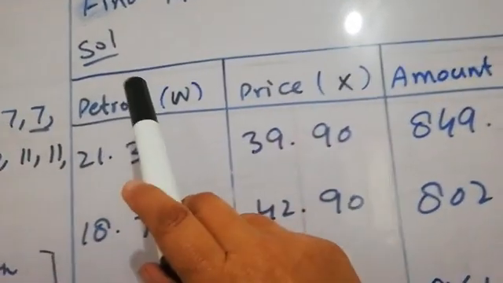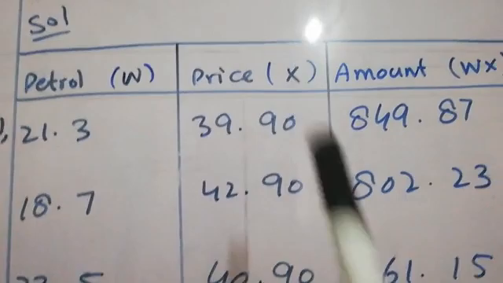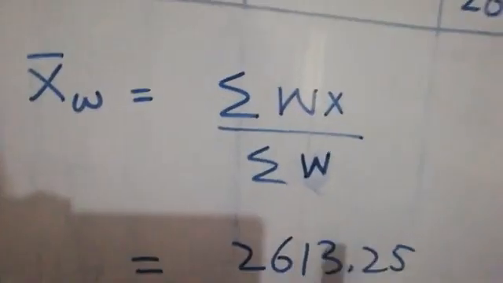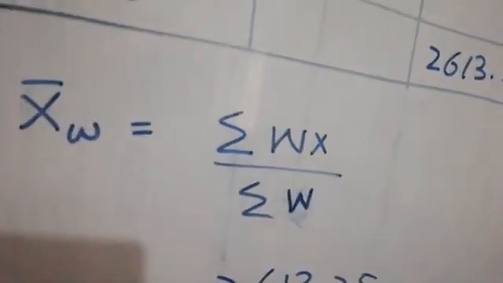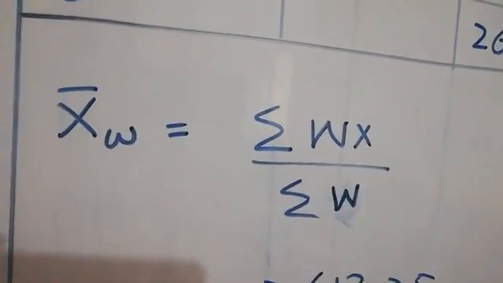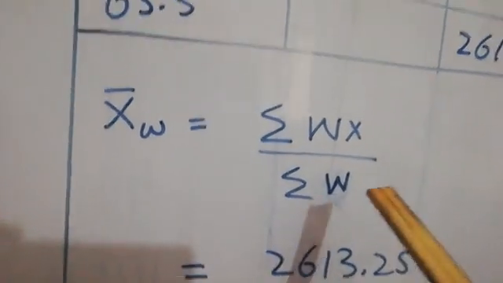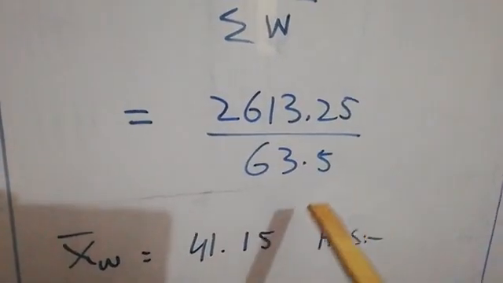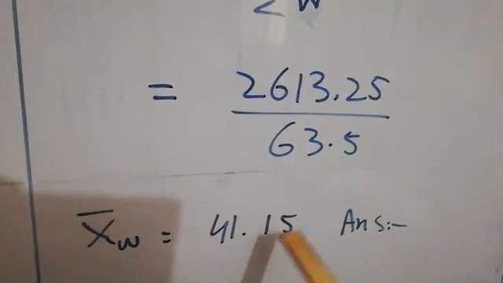Okay, Wx means we will multiply W with x, and after that we will add these columns, the W column and the Wx column. After that we will put these values and we will get the answer 41.15.